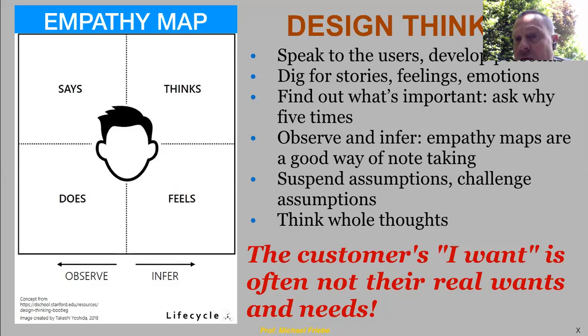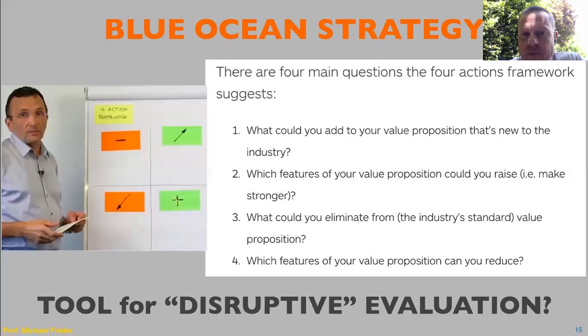And maybe the customer doesn't even know what they want. Maybe you have to just detect it yourself. So you need to not only spend time asking, but also spend time analyzing the workflows and processes. You need to observe. And if you do that, you will find out that there's a difference between what a customer says and what he thinks, feels, and does. And that is what we show here on this empathy map. It is a very important starting point for coming up with that real problem that you try to identify.